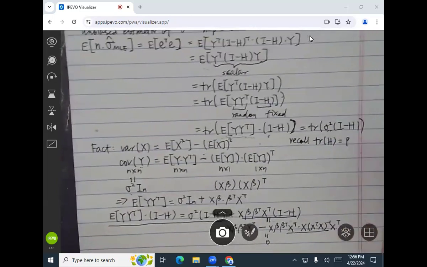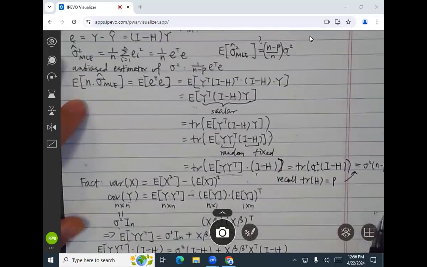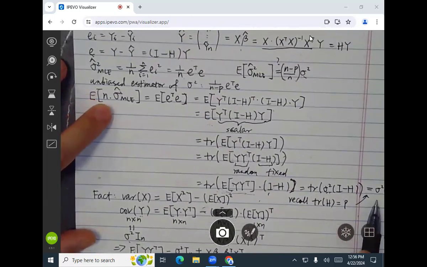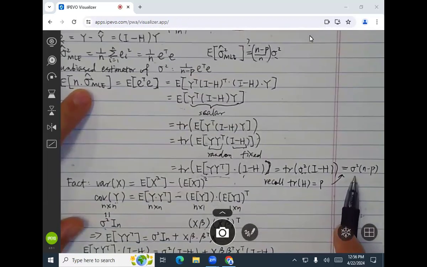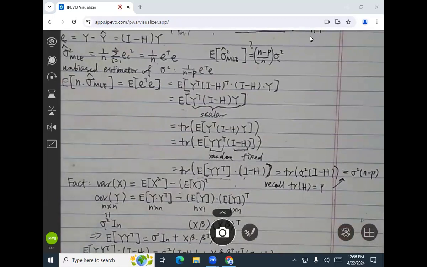Then together, this will give me just sigma squared times n minus p. So that's how we can derive the expectation of n times the MLE, sigma squared MLE, to be equal to sigma squared times n minus p. So that's how we show the bias.